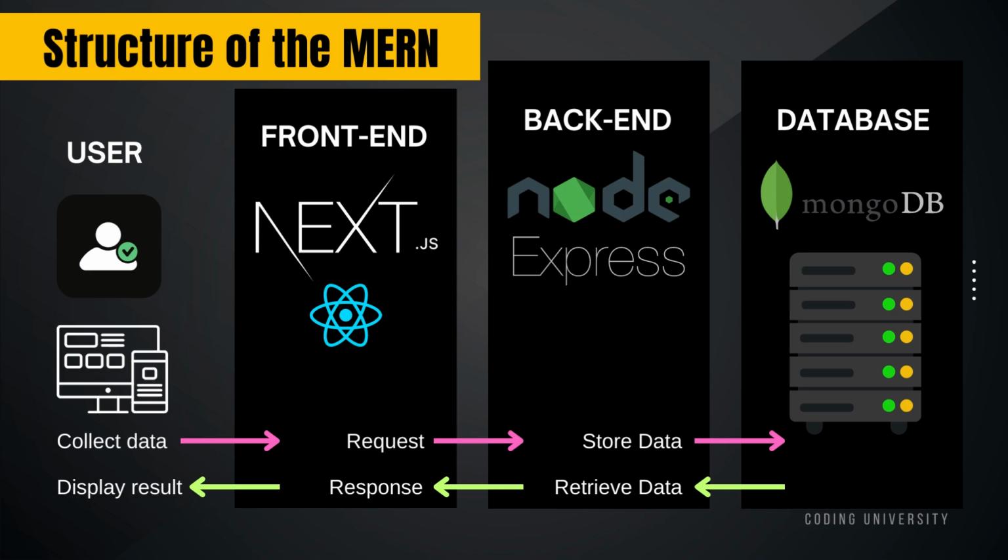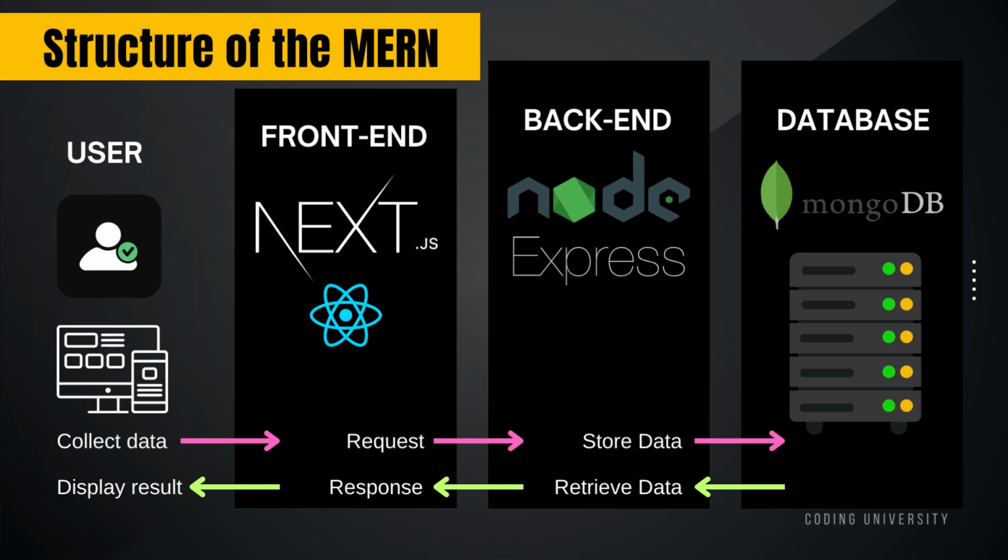And of course, we have the back end, which is the server side of our application. It handles data storage, data retrieval, and business logic, which we are going to be seeing a lot. We'll be writing a lot of JavaScript code to do various things, and we will use Express.js and Node.js to build this backend.